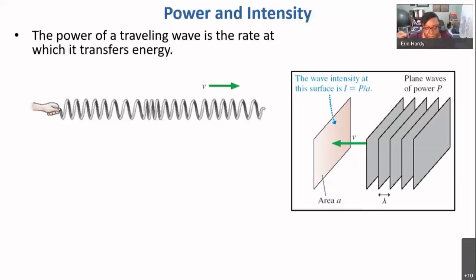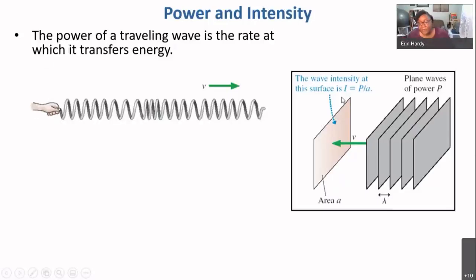As a reminder, when we were talking about energy conservation, one of the things that made it so useful was the fact that it's not time dependent by itself, but it's also often useful to know the rate at which something is using energy or producing energy. So power in this context is still going to be energy per unit time, but now we're going to be able to link it to a wave that is propagating away from the source, being your hand in this example.